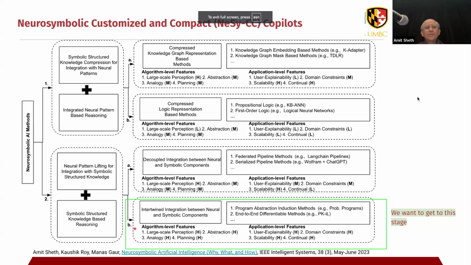Here is a picture from a paper, Neurosymbolic AI, Why, What, and How.